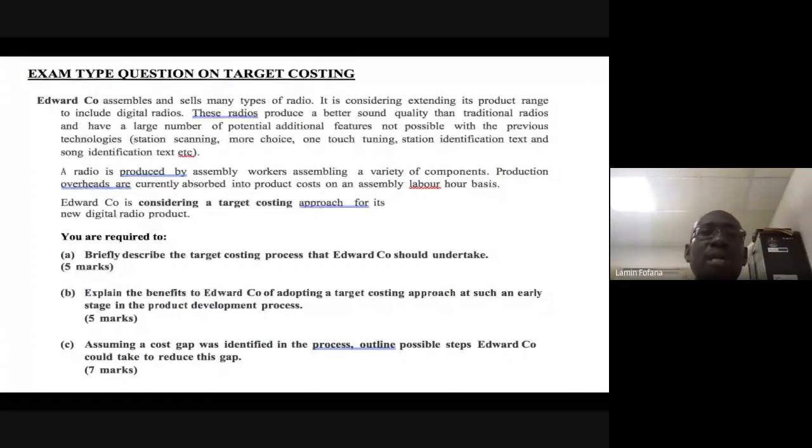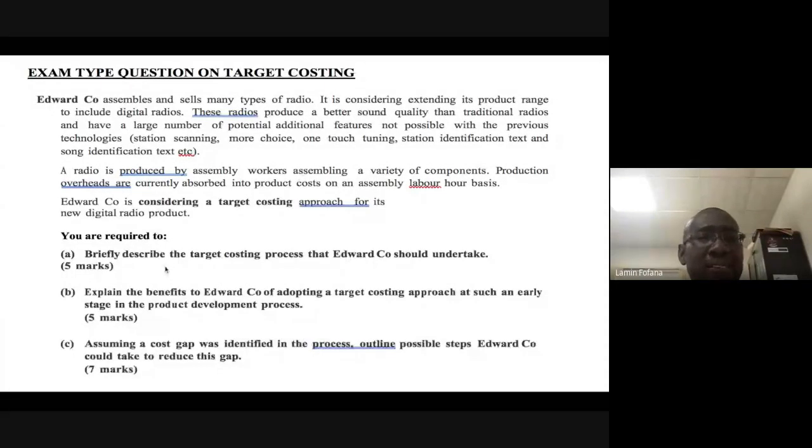We were just looking at the A part of this question, the Edwards Company Limited. This A part is only asking us to state the various processes that we will undergo in order to successfully implement a target costing regime. We have discussed them. The stages are four.